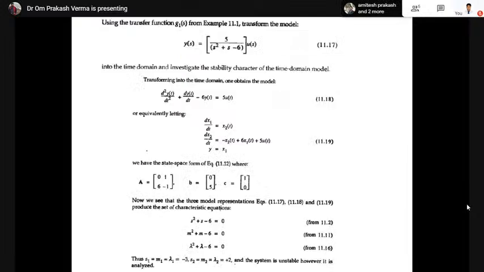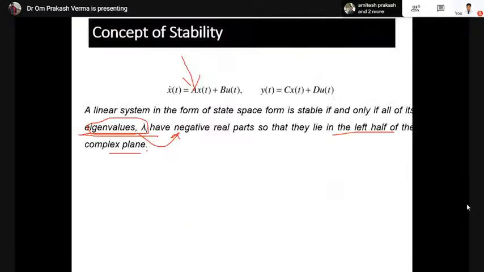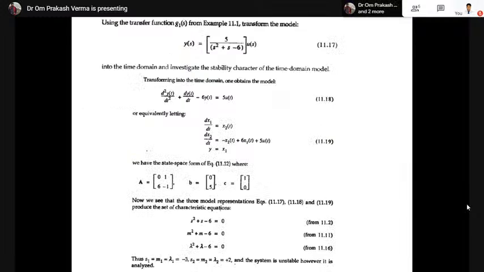So what is the logic behind that? It may be clear from this example. Let's say Y(s) equals 5 upon s square plus s minus 6, times U(s).